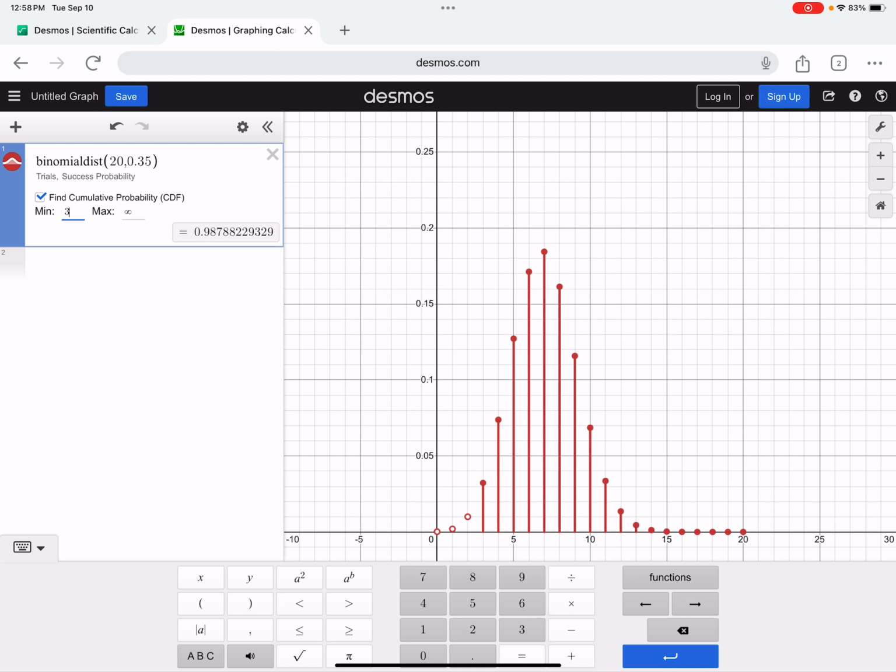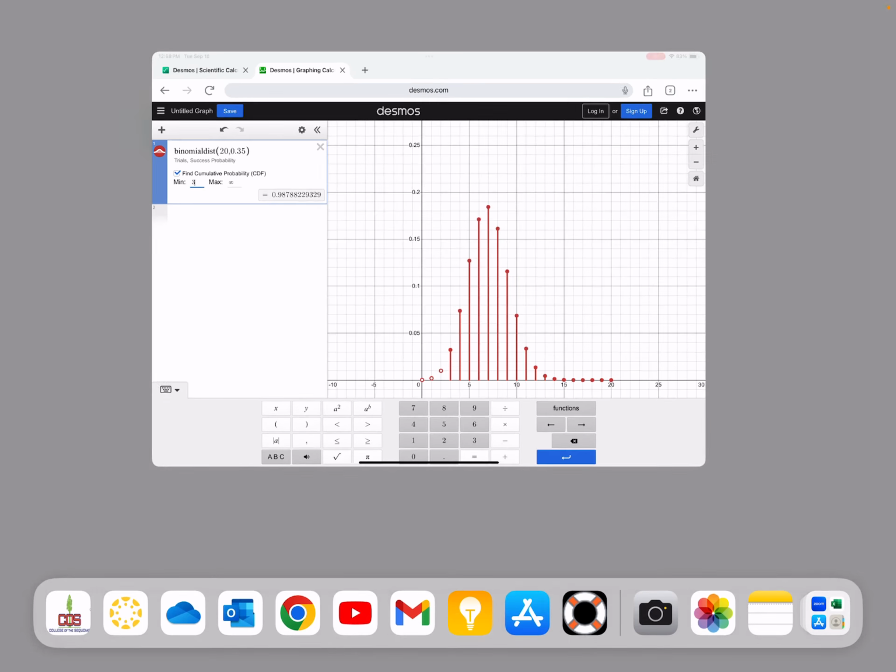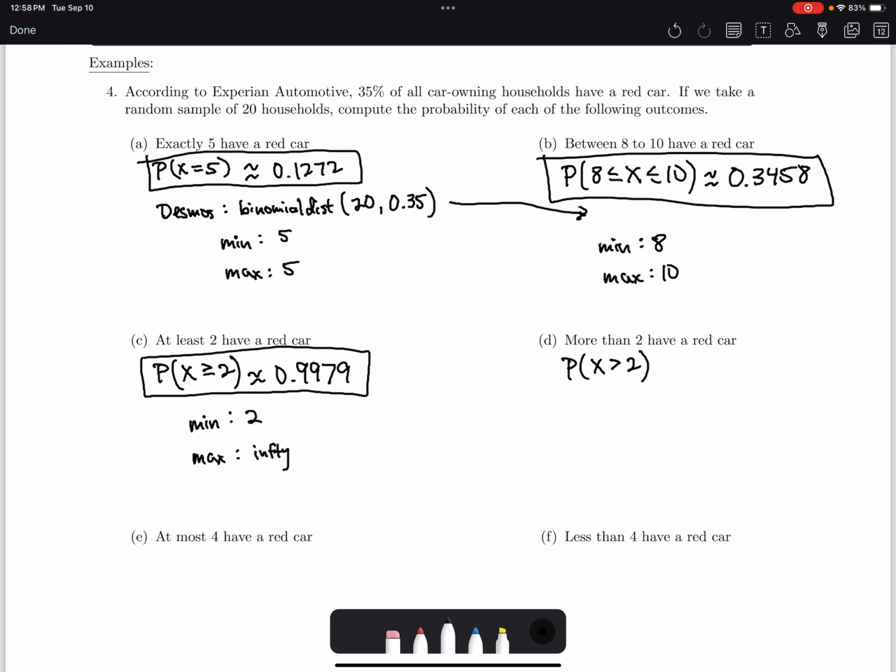And you'll notice that it is the same thing as the probability that x is greater than or equal to 3, right? But we would say this is 0.9879. Actually, let me just say, yeah, you could say that this is equal to the probability that x is greater than or equal to 3, which is 0.9879, is that right?